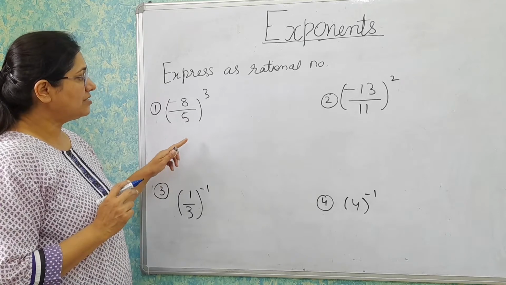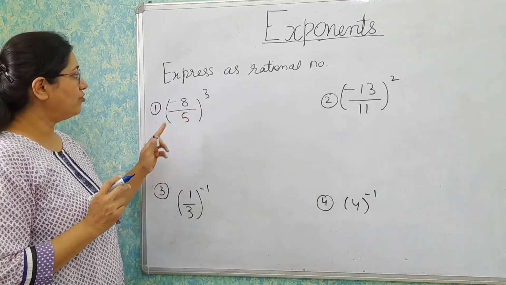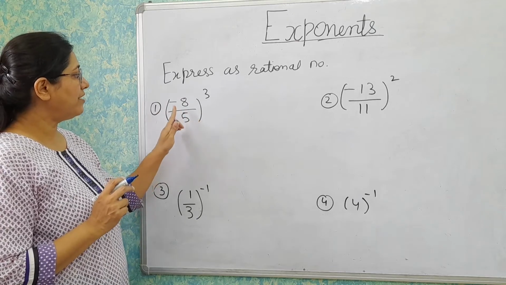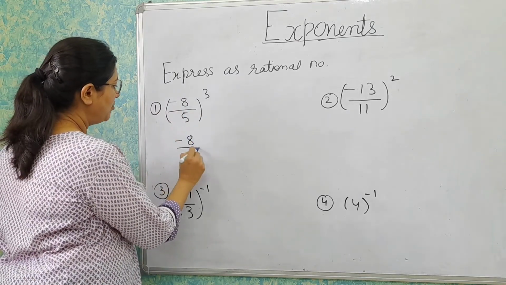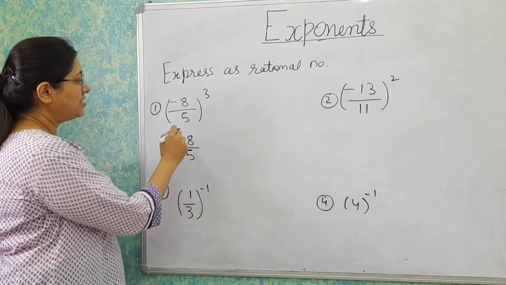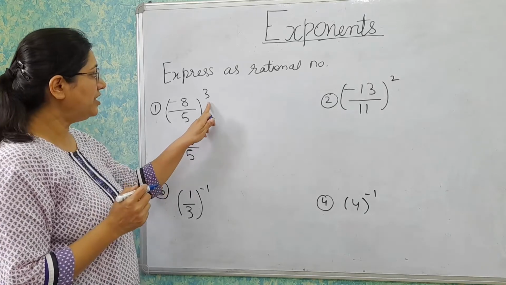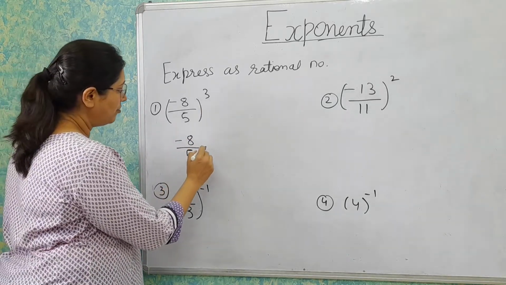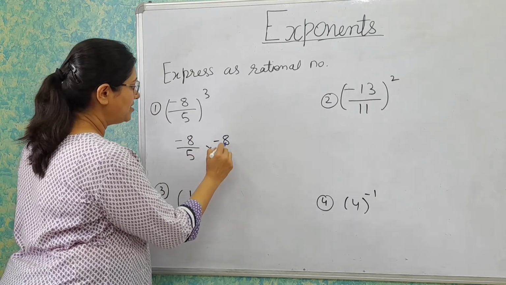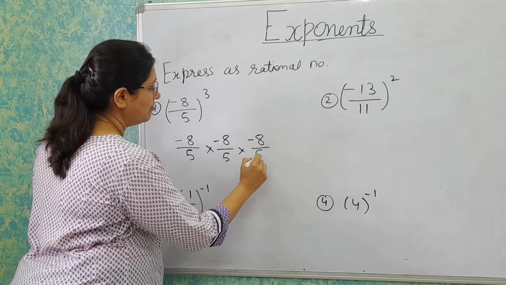All these numbers are in exponential form and we have to change them into rational form. So first we will write the number as it is: minus 8 upon 5, multiplied how many times? 3 times because the exponent is 3. So I write minus 8 upon 5 multiplied by minus 8 upon 5 and again multiplied by minus 8 upon 5.